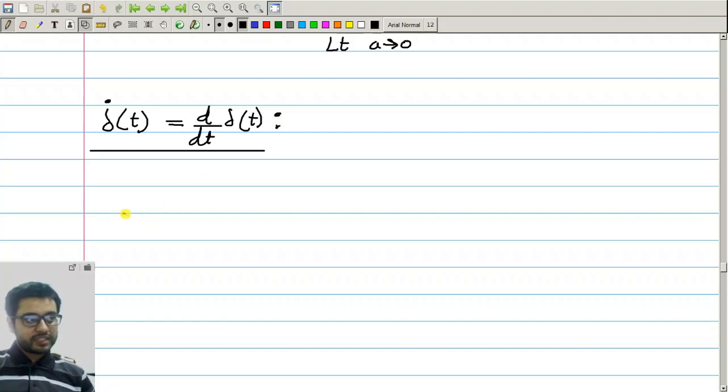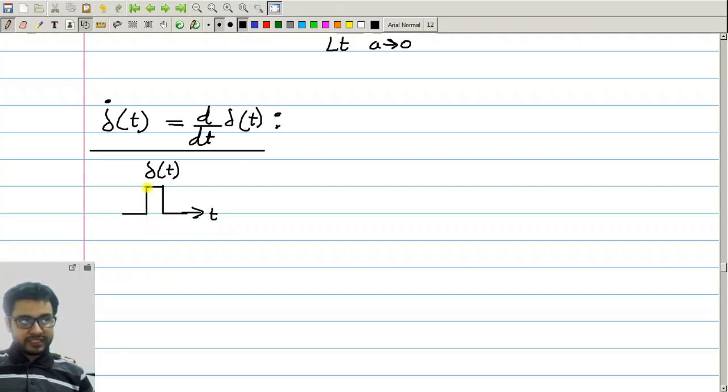If you consider a narrow rectangular pulse with the width being very narrow and height being very tall, if this is delta t, then if you differentiate this function with respect to time, at this edge there is a rising edge.